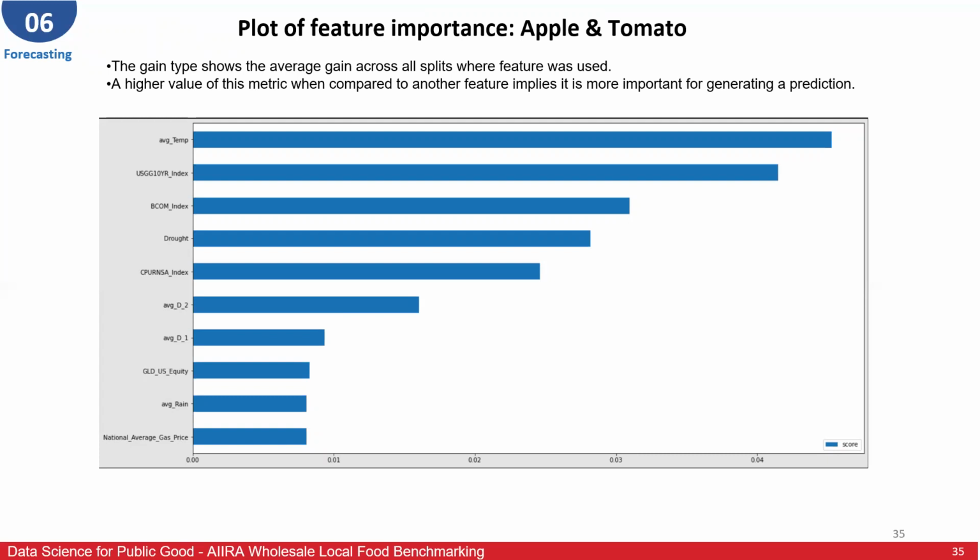A good example, the first four would be the average temperature of Iowa, the 10-year US interest rate, the Bloomberg Commodity Index, and our local Iowa drought weather data. As you can see, average temperature and the 10-year US interest rate have a massive lead over anything else.